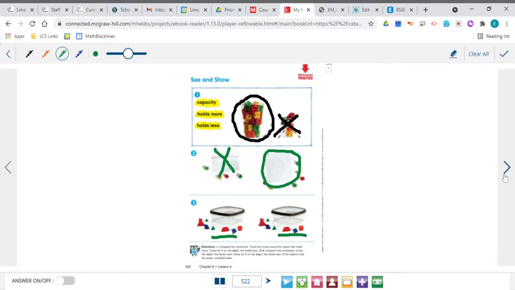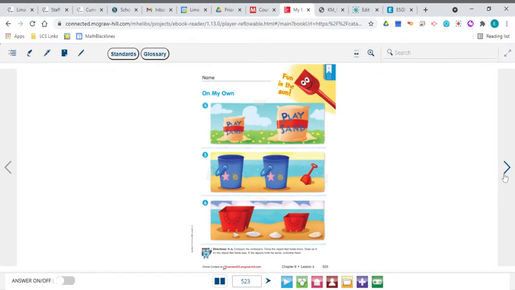All right. Go ahead and turn it to page 523. I'm going to grab my pen here. It says compare the containers. Circle the object that holds more, draw an X on the object that holds less, and if they're the same, you underline them. So the first example here, number 4 on this page, we're comparing two different bags of sand, play sand for a sandbox.